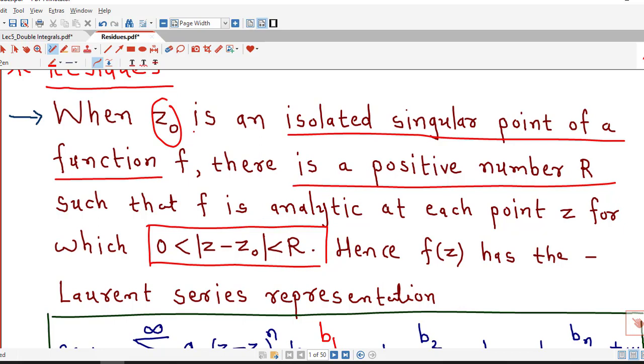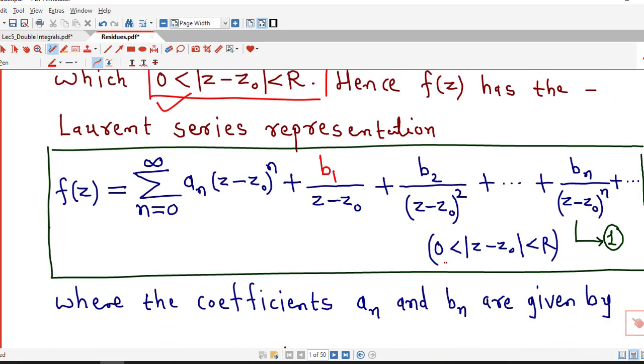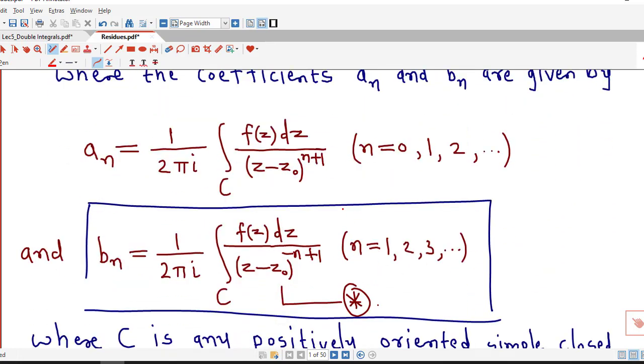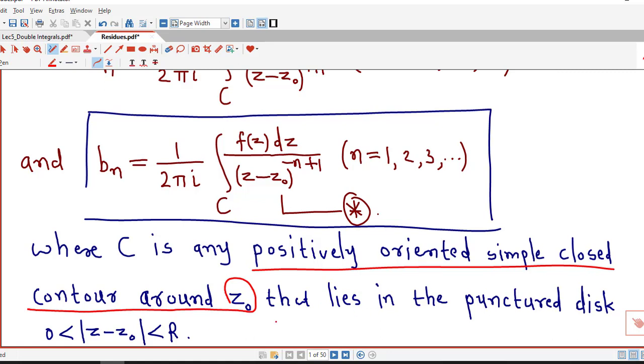That means if z0 is an isolated singularity of a complex function f, then the function is analytic in this deleted neighborhood, so that we have a Laurent series representation which is valid in this deleted neighborhood, where the coefficients an and bn are given by these formulas which we just discussed, and this C is nothing but a positively oriented simple closed contour around center z0 that lies in the punctured disk 0 less than absolute value of z minus z0 less than r.